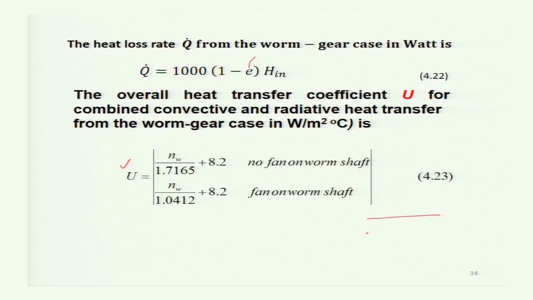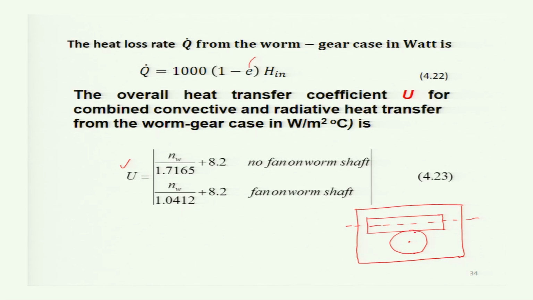So this is the worm and here is the gear. This assembly will be inside a box, that is called the gearbox. This is the axis of rotation of the worm and the power will be given from the outside. So this is the casing and here heat is generated.